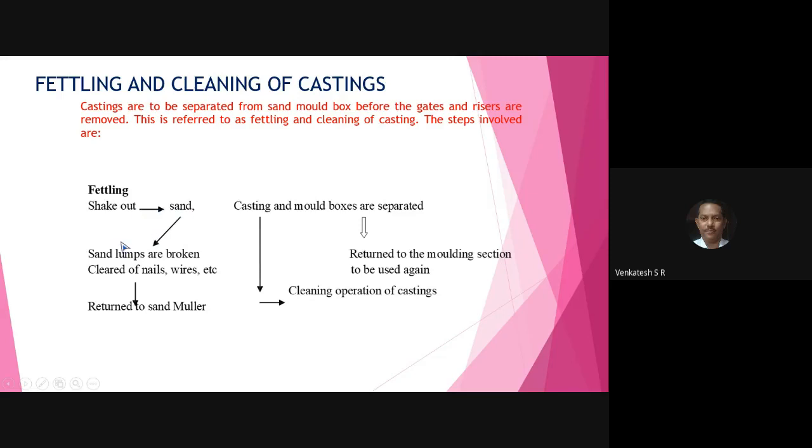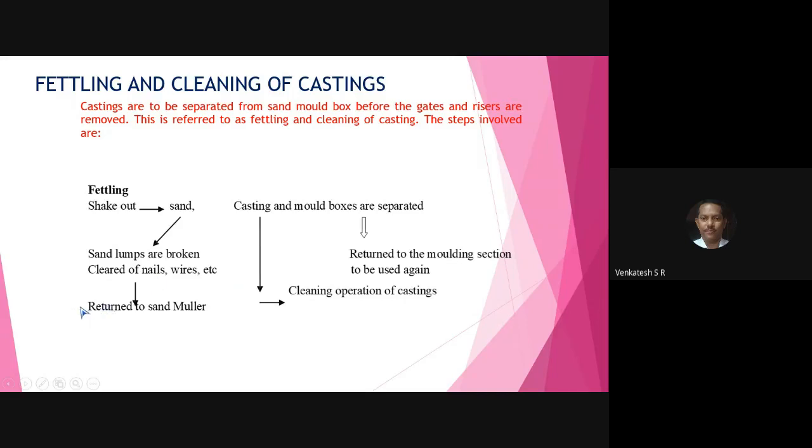Sand lumps are broken, cleared of nails, wires, runners, risers, unwanted projections, etc. are to be removed by chiseling with a small hammer.